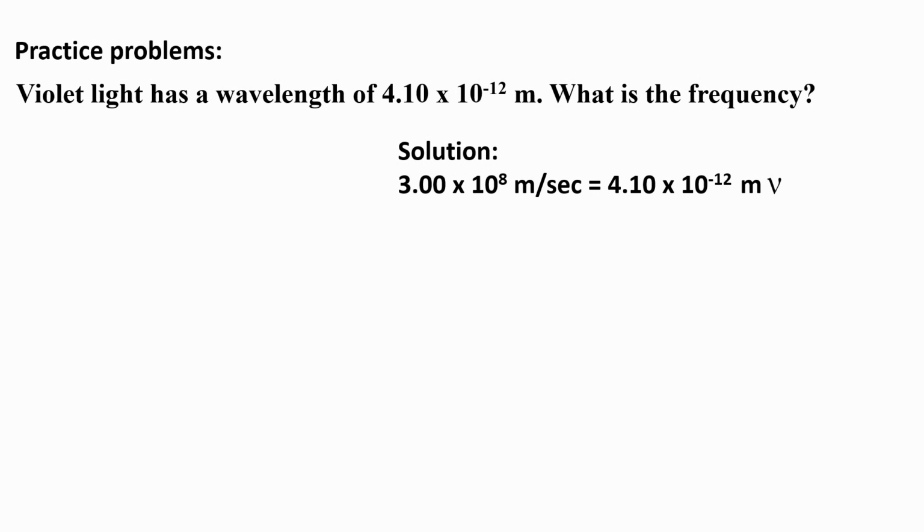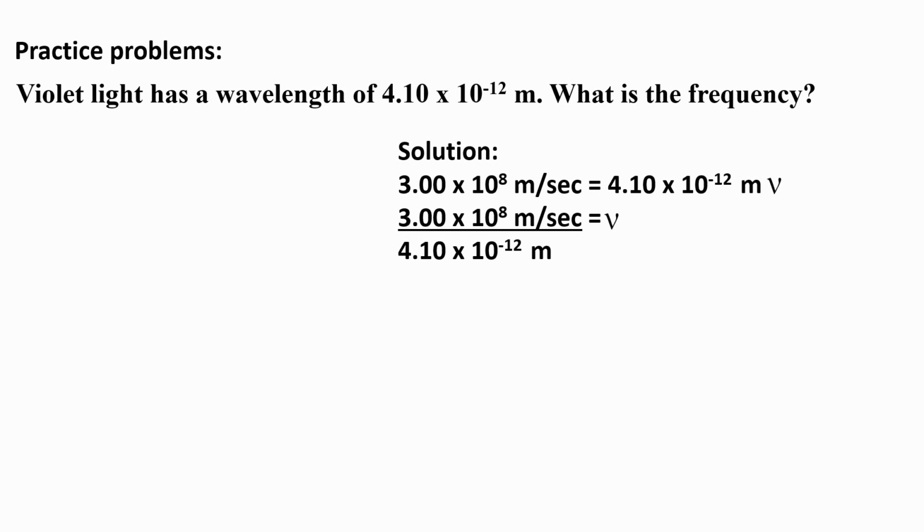In this case, c is equal to 3.00 times 10 to the 8 meters per second. Lambda is equal to 4.10 times 10 to the minus 12 meters. And we're looking for nu.